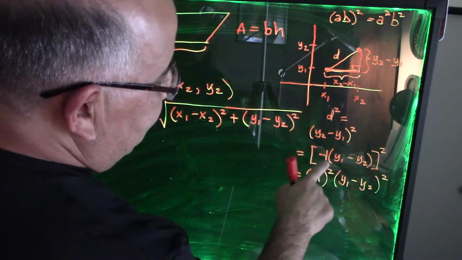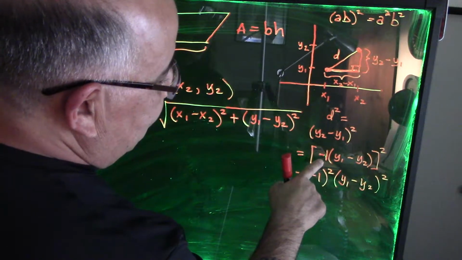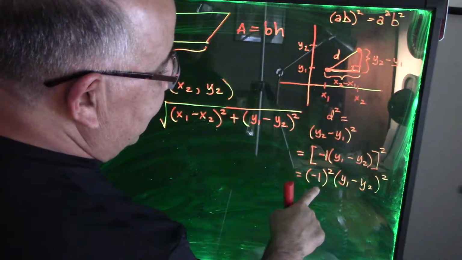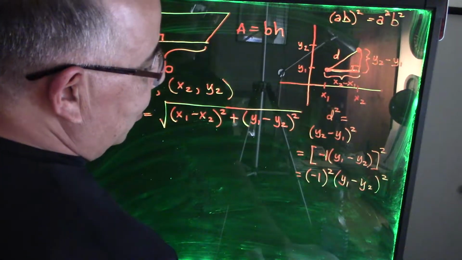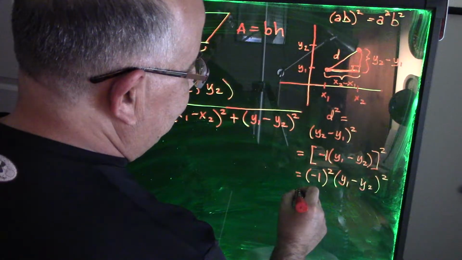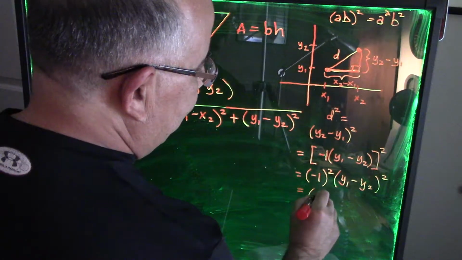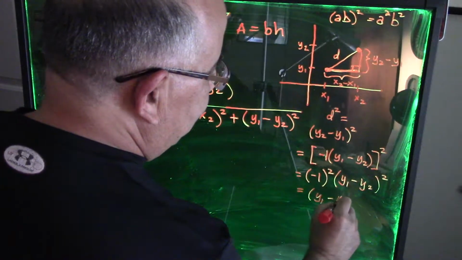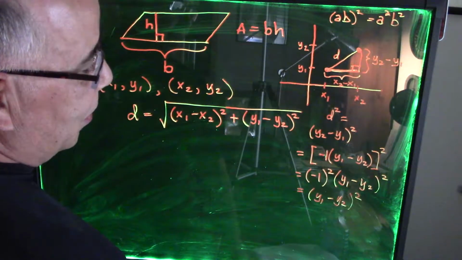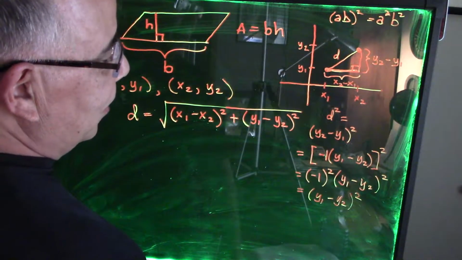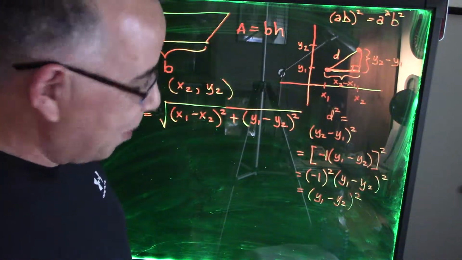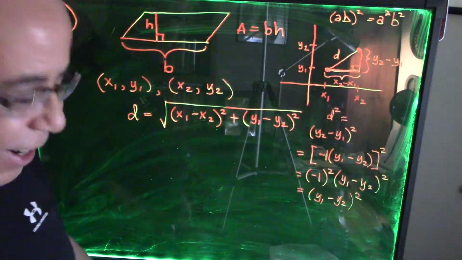So same situation here. You got -1 times this quantity, and you're squaring everything, so you can put the square on the -1 and the square on the y1 minus y2. -1 squared is +1, so it's just y1 minus y2 quantity squared. So y2 minus y1 quantity squared equals y1 minus y2 quantity squared. Maybe you didn't realize that before. That might be a little surprise to you.